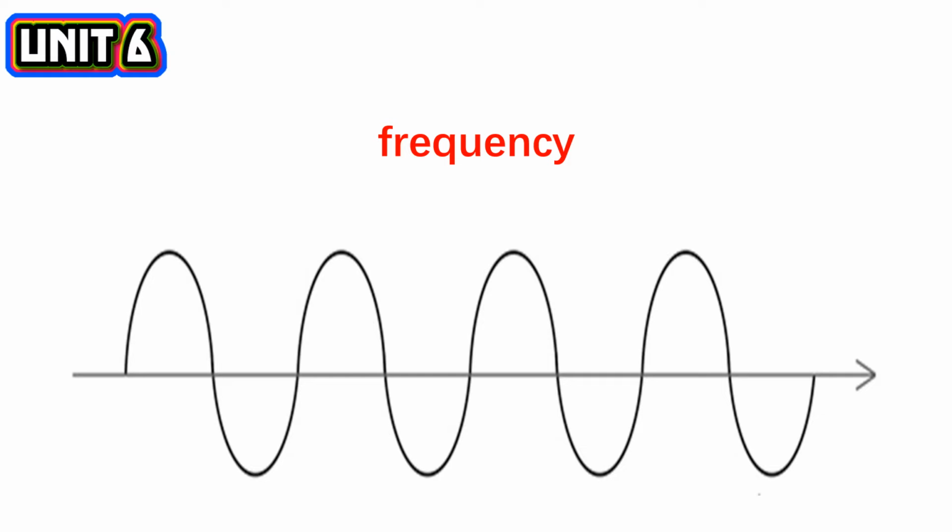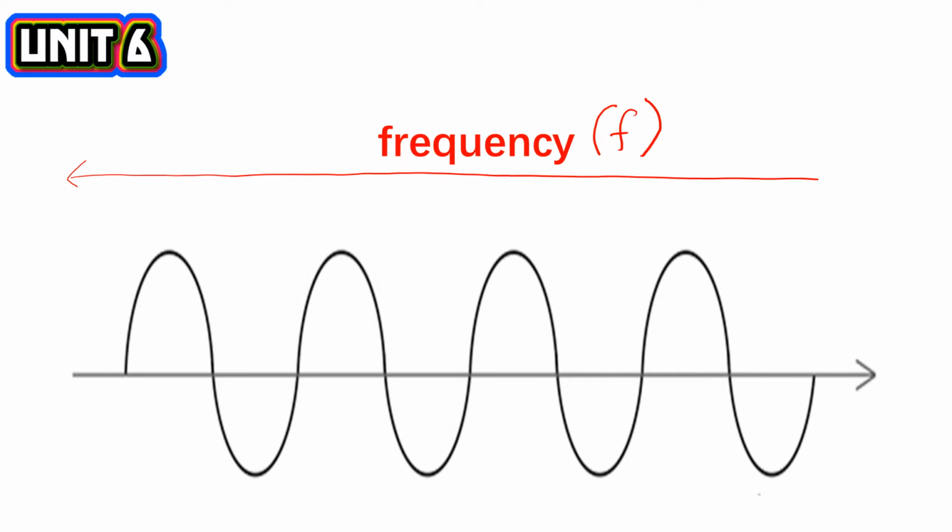Next is the word frequency. Frequency, abbreviated as F, is the number of waves, or the number of crests, that pass a certain point in 1 second. Say this entire length here is 1 second.